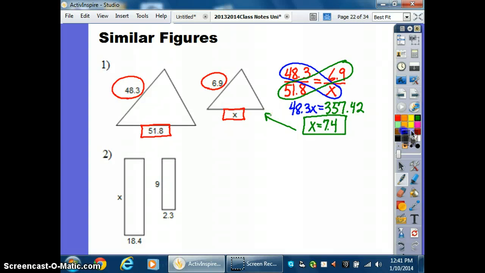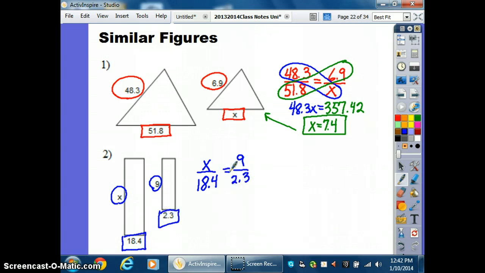Another one. We have a rectangle, and we know they're similar because it was given to us. So the height, x, over the base, 18.4, right? I'm going to go this over this base is equal to the 9 over the base, 2.3.